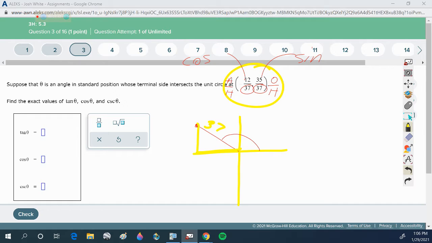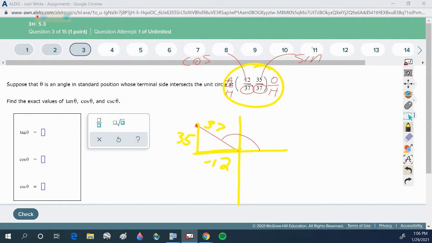Okay. How long is my x value? Close. Negative 12. And my y value is 35.